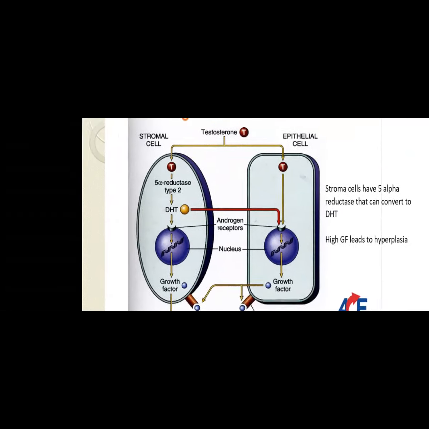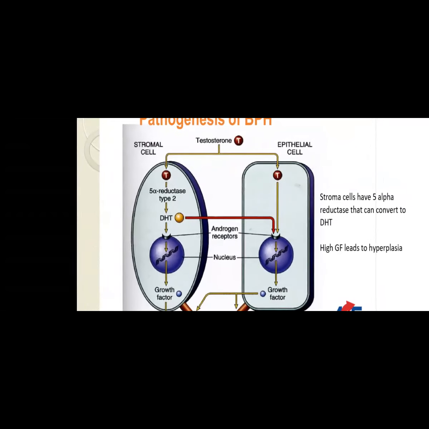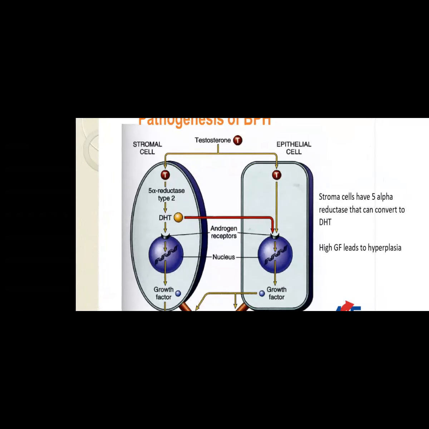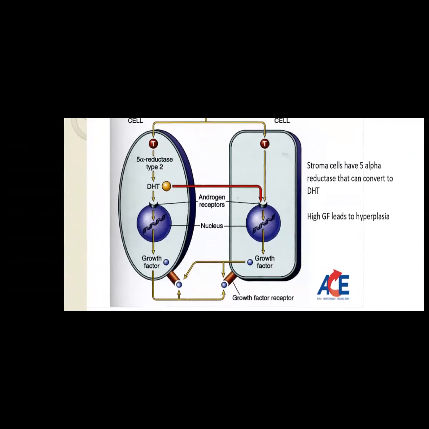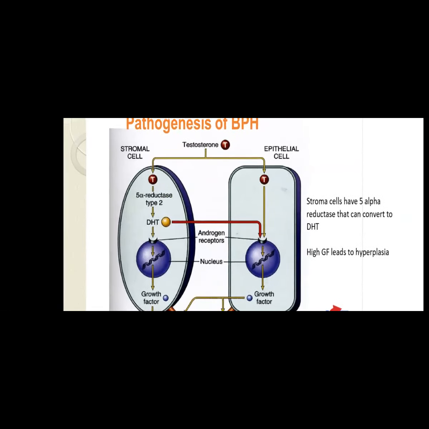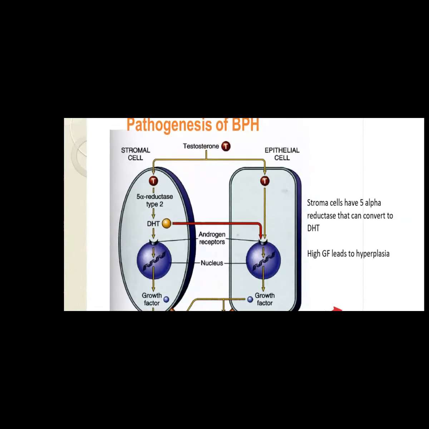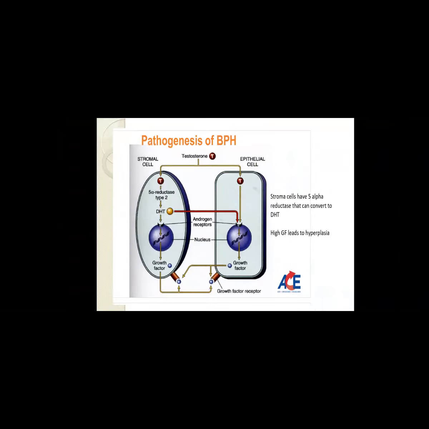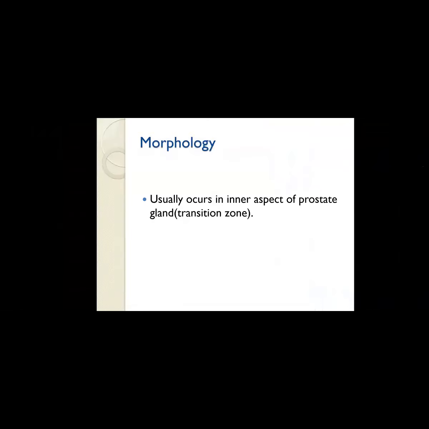Now we can see in the stromal cell you have the 5 alpha reductase that converts testosterone to dihydrotestosterone or DHT, which will act on the nuclear receptors and stimulate growth factors like fibroblast growth factors. They will cause a proliferation of both the stromal cells and epithelial cells, and thereby result in the hyperplasia of the prostatic gland.